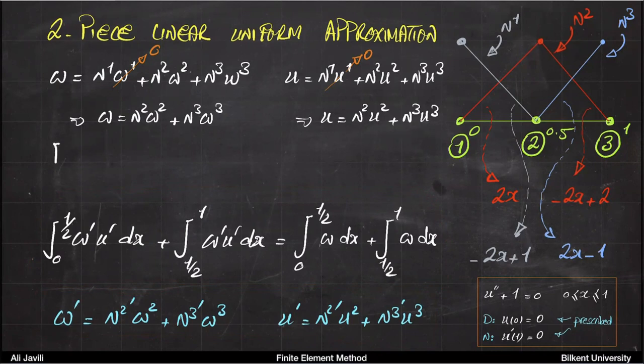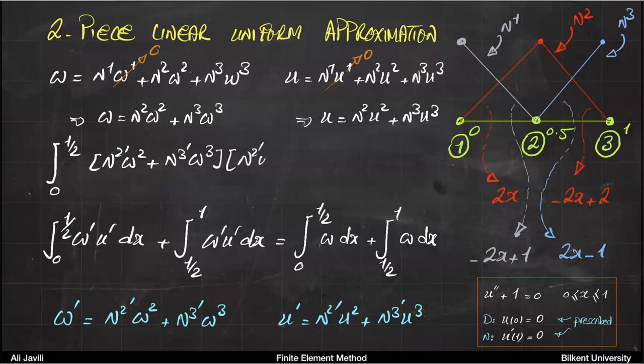So let's do that. You would have this integral from 0 to 1/2 of n2 prime w2 plus n3 prime w3 times n2 prime u2 plus n3 prime u3 dx. That would be basically this integral.